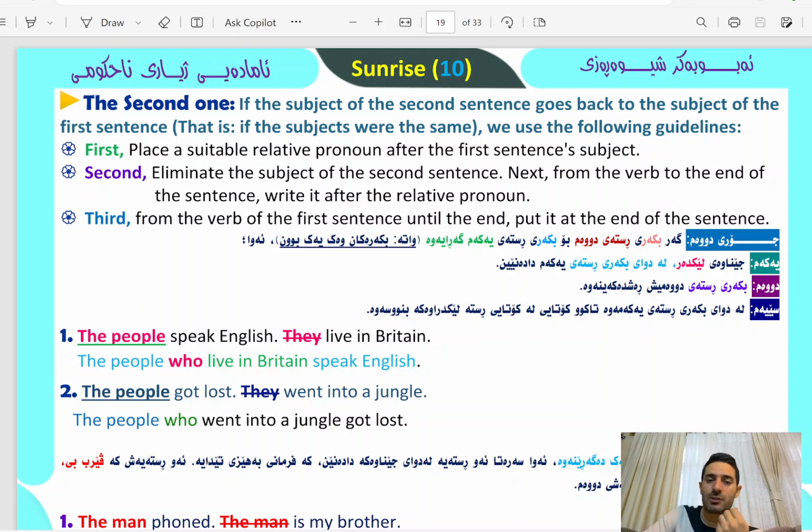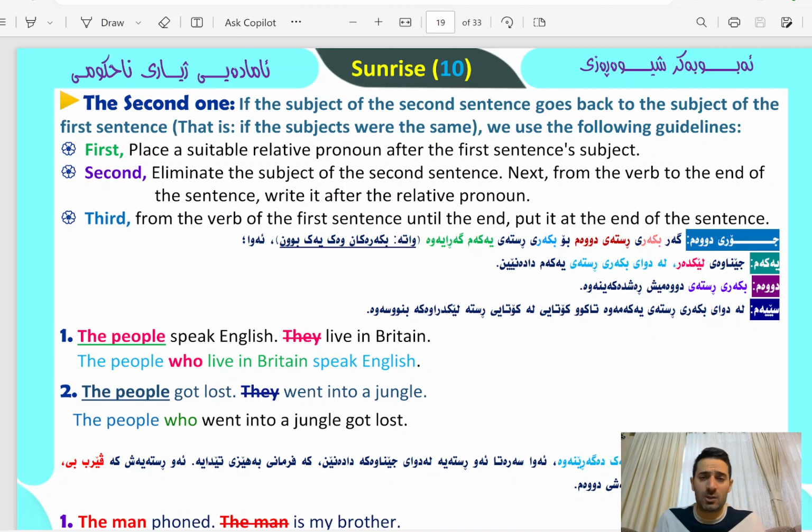The people got lost. They went to a jungle. Now I look: the subject of the first sentence is the people, and the subject of the second sentence is they.